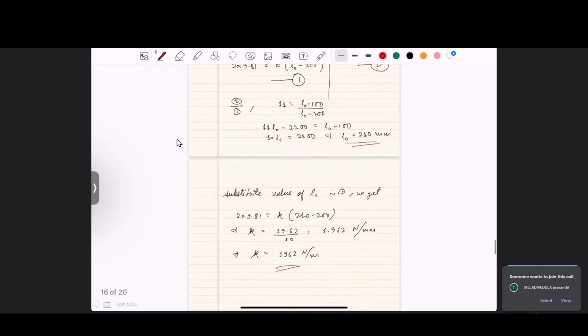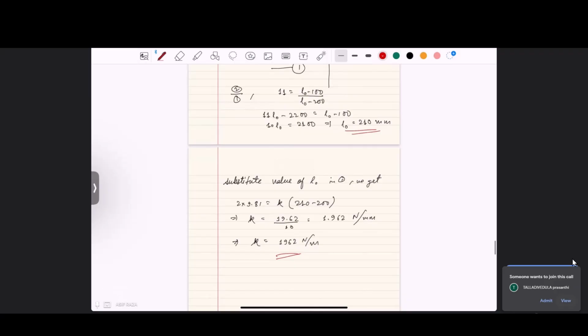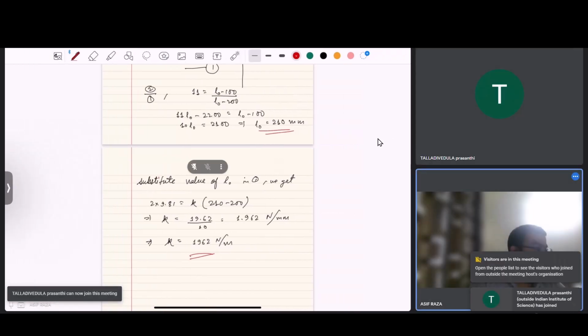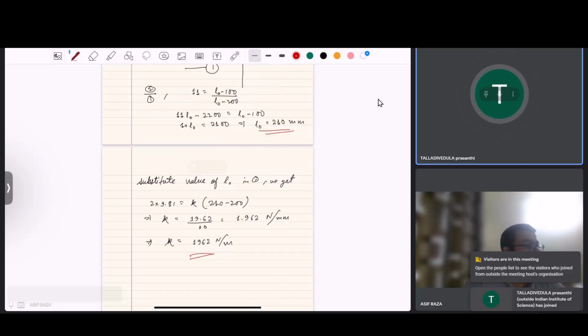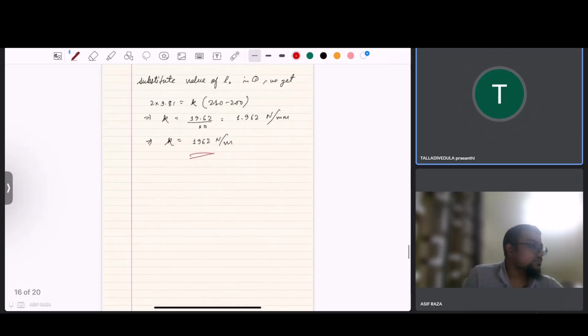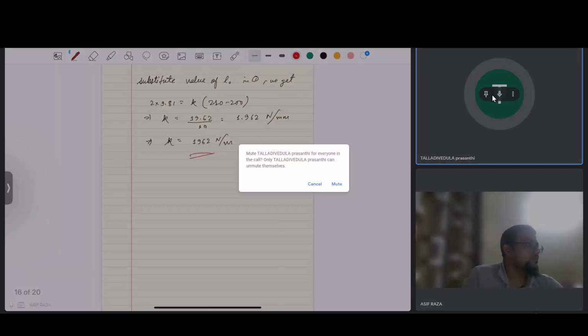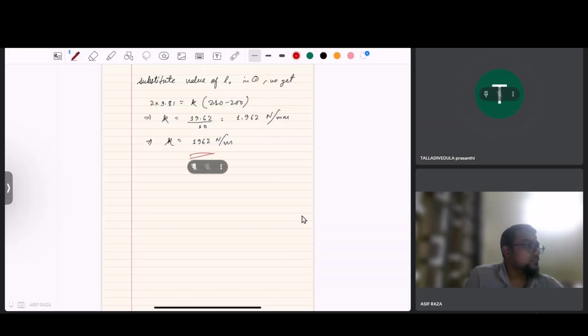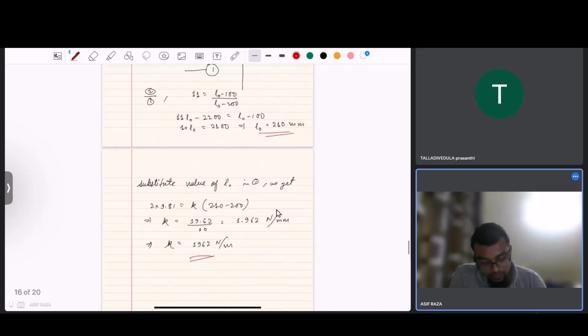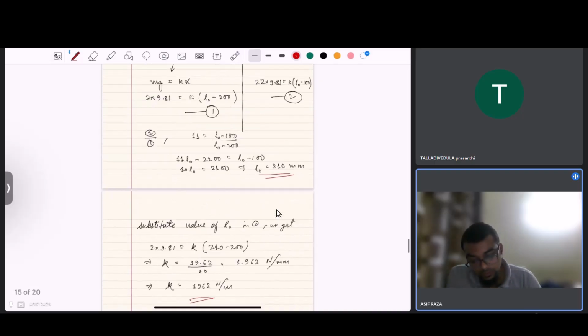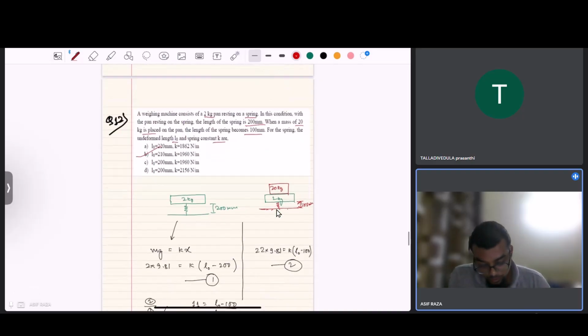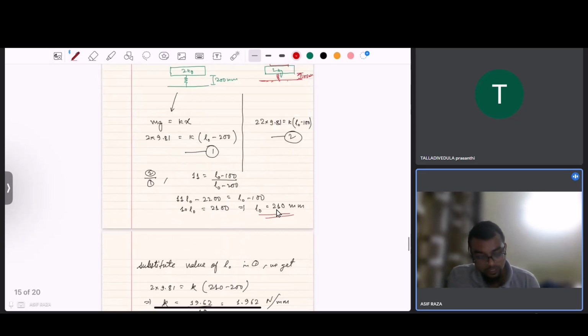So roughly 1916 Newton per meter, and that is close to 1960. So now let's move on to the next question.